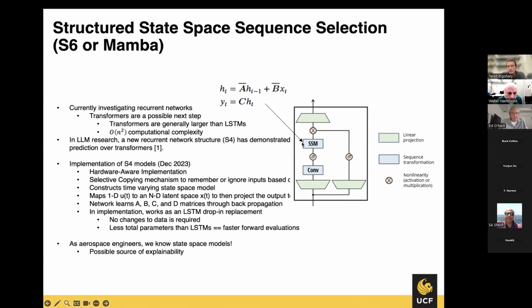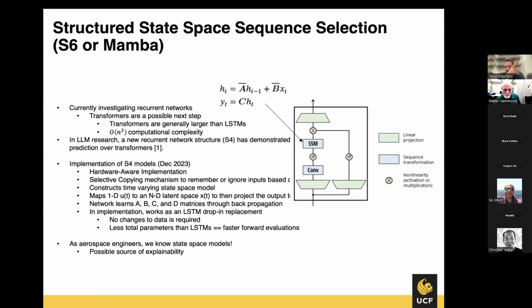Yes, but in the LSTM you don't have the state space basis. It's more like some kind of nonlinear function, like a tanh function, and it has gates. It keeps the memory and moves it forward, and it can delete the memory through that gate. It has that structure, right? But this one is a little bit different because it has the state space and it has a convolution layer.